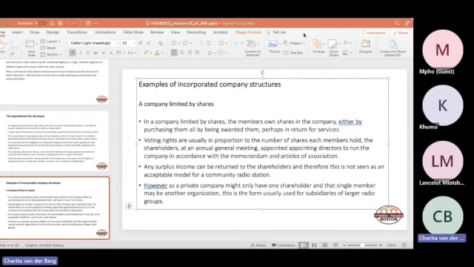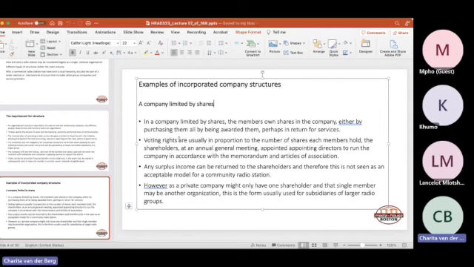So for instance, let's say you're an employee of MultiChoice. You could have bought shares in the company, but also after a couple of years, if you do exceptionally well at work, you can be given shares in return for services.